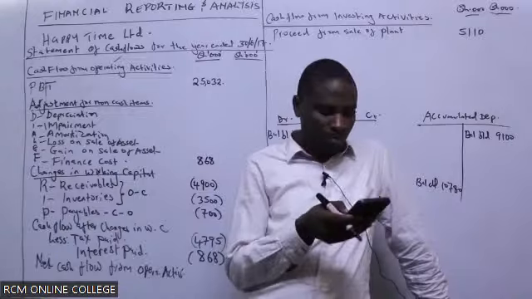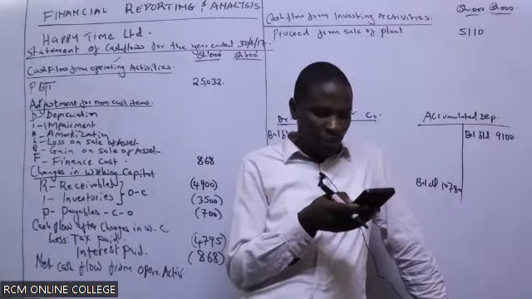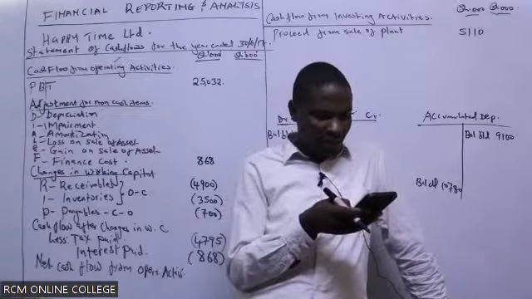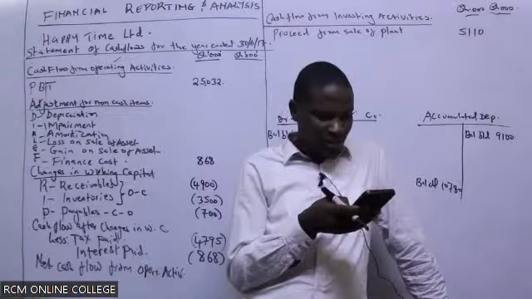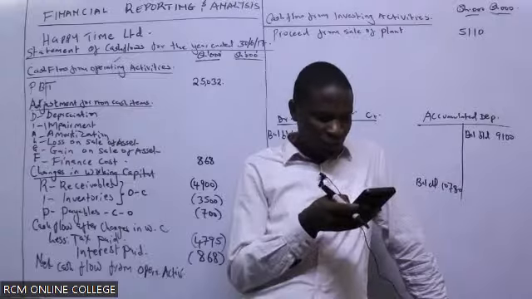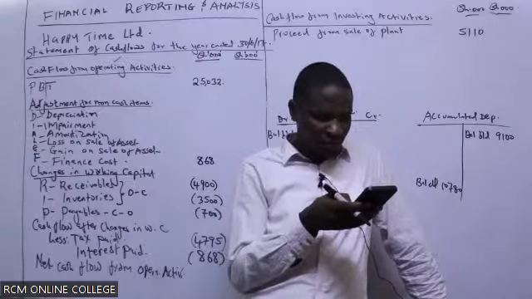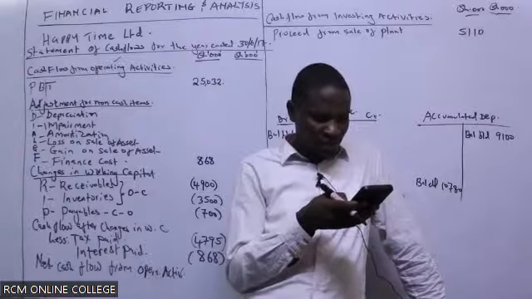That is what we want to check. So for any other item that is touching this, you can also check under equity. Is there any other item that was affecting us here? Kunayo kweli?